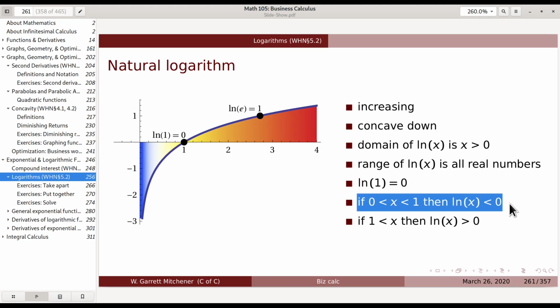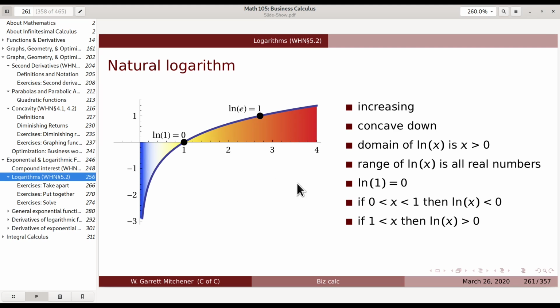That's true of any base, but I've drawn it here for base e. Oh, it's true for any base greater than 1. Let me clarify. On the other hand, if x is greater than 1, then the logarithm is positive, and that's what you're seeing over here. The graph is above the horizontal axis, it's taking on positive values, and this happens when x is greater than 1.